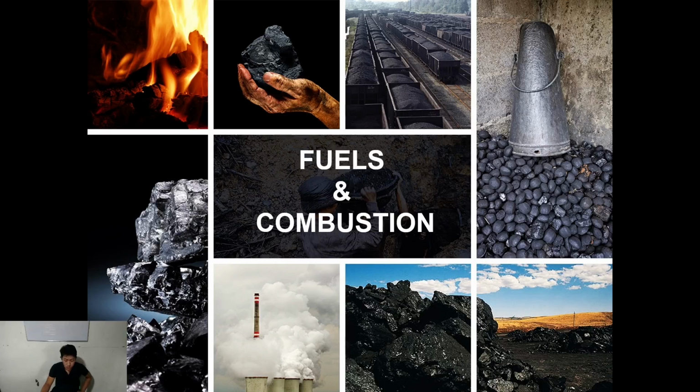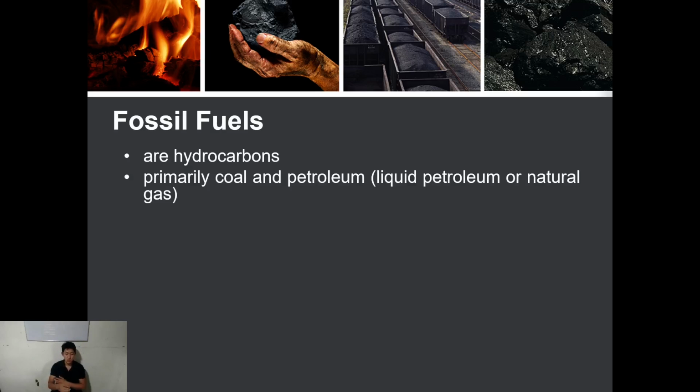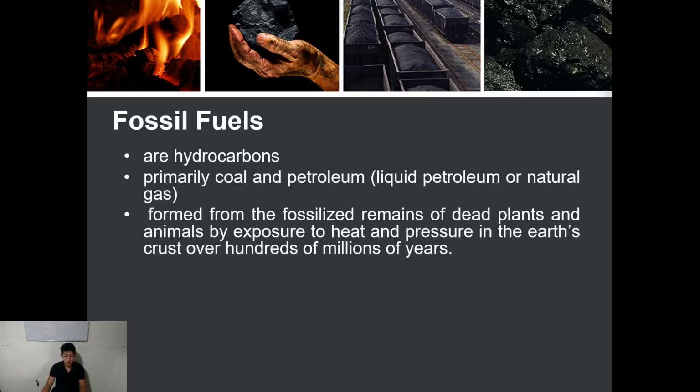Okay, so to start, what are fossil fuels? Fossil fuels are composed of hydrogen and carbon. These are the main combustible elements. They are classified into coal and petroleum. From the word itself, fossil, it is formed from the fossilized remains of dead plants and animals.